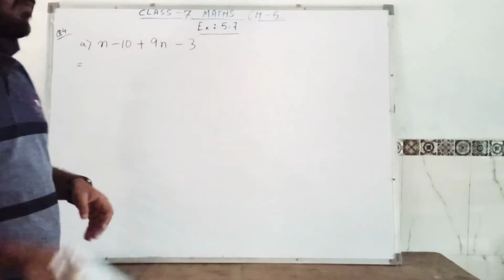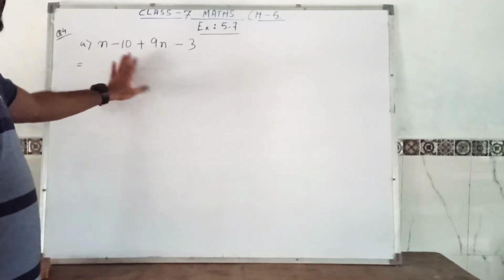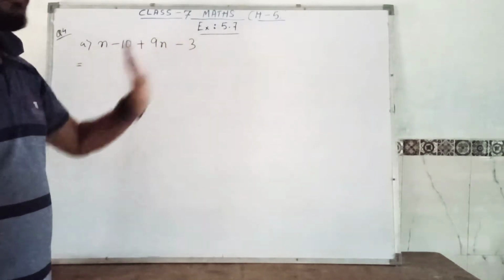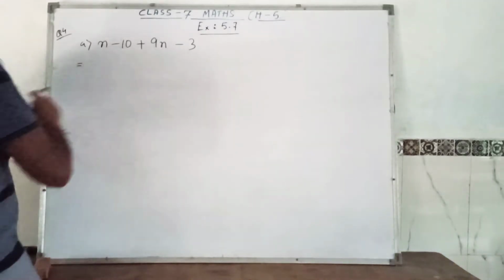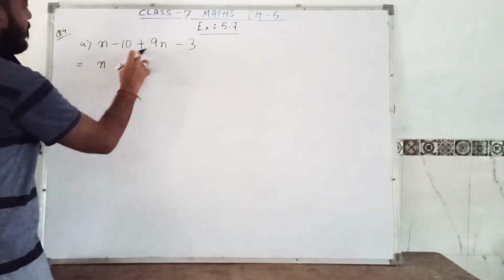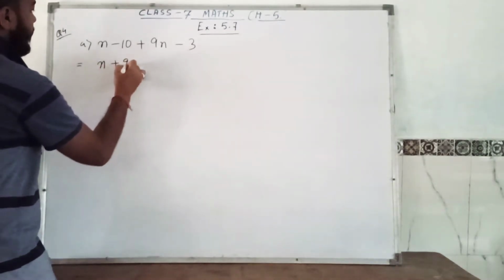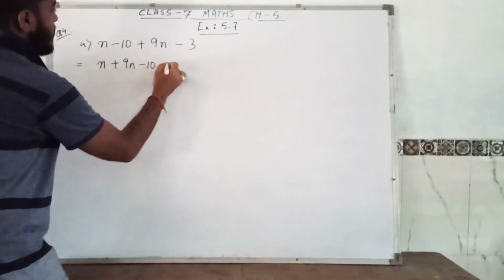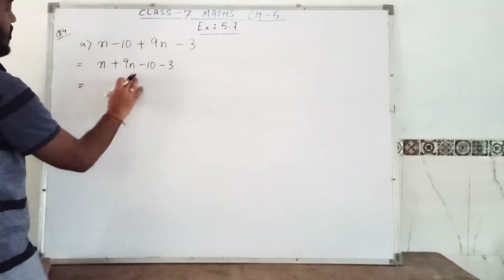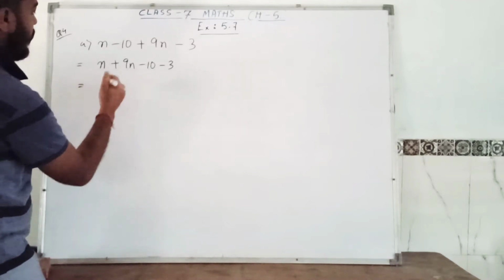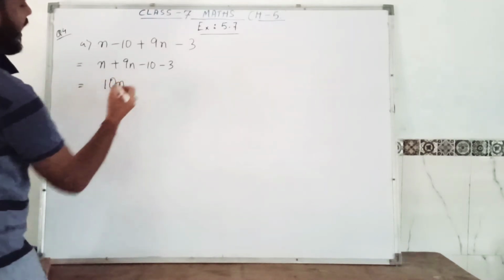So this one is also the same. n with the n you write, number with the number you arrange. So this is positive n, so positive n plus 9n. Now you take the numbers, minus 10, minus 3.